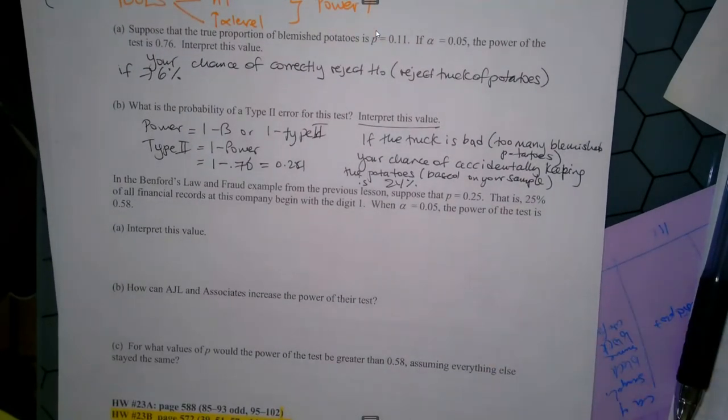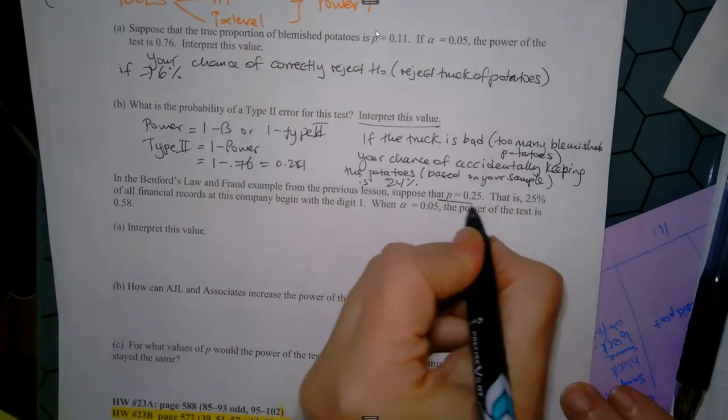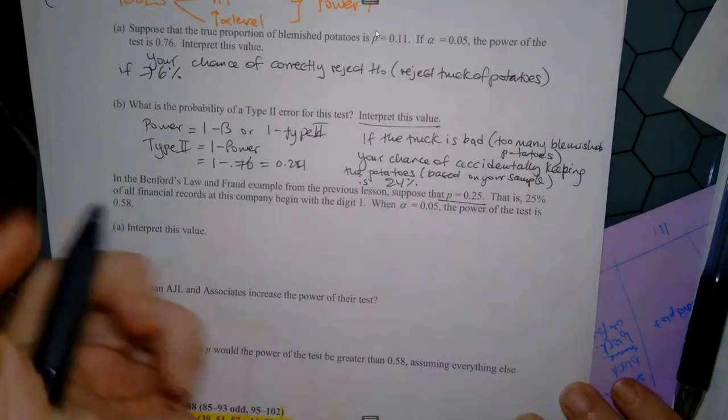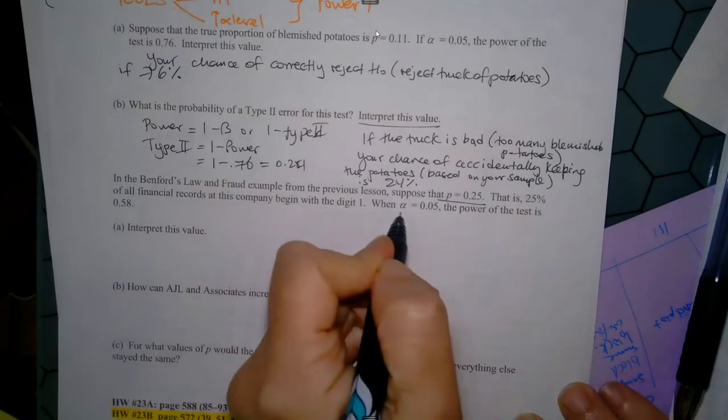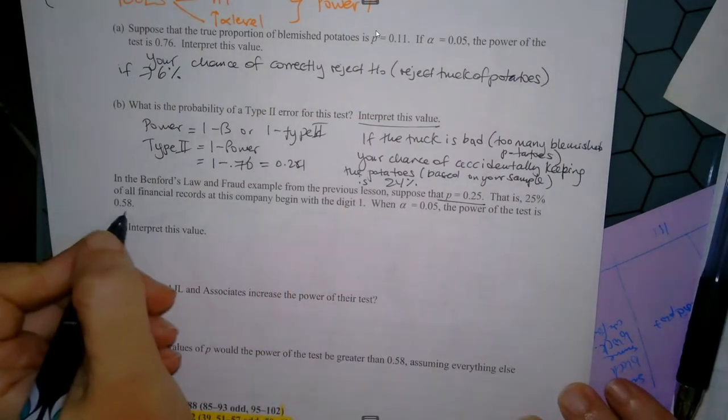In the Benford's Law and fraud example from a while ago, is this company faking its records? Suppose that p, the actual proportion of records at the company that start with the digit 1, is 0.25. 25% of all the records at this company begin with a 1. When the alpha is 0.05, the power of the test is rather low.